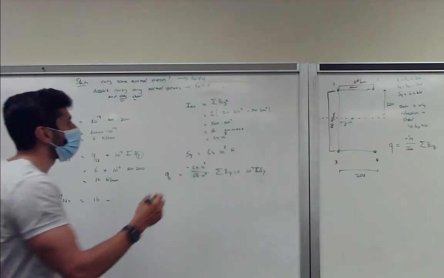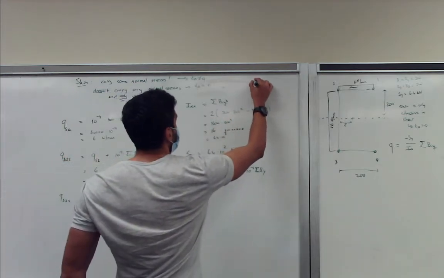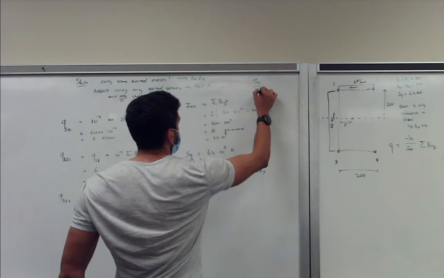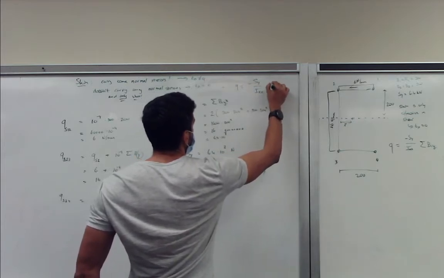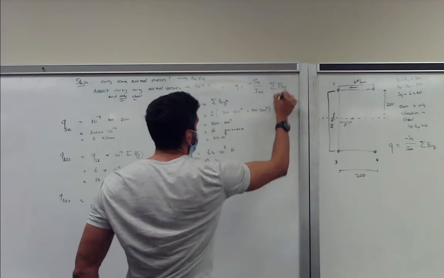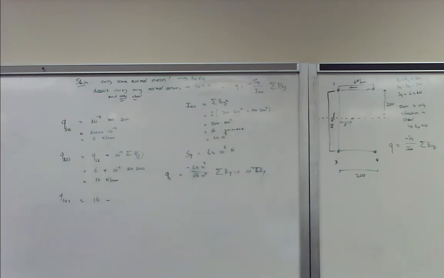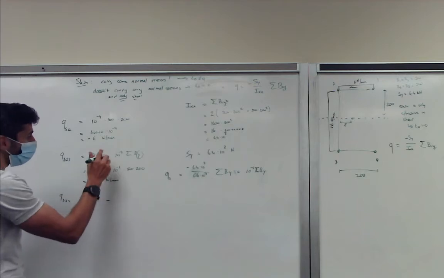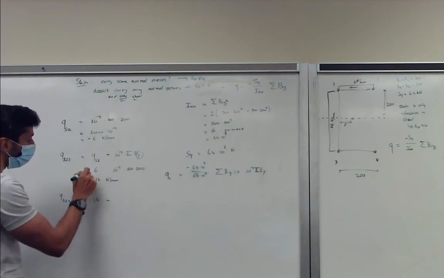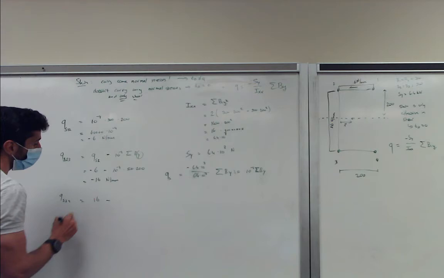Because the equation is still minus Sy over Ix, summation of By. So I forgot the minus sign there, which means that this is not a plus but a negative. So we get minus 6 minus 10, so we get minus 16.